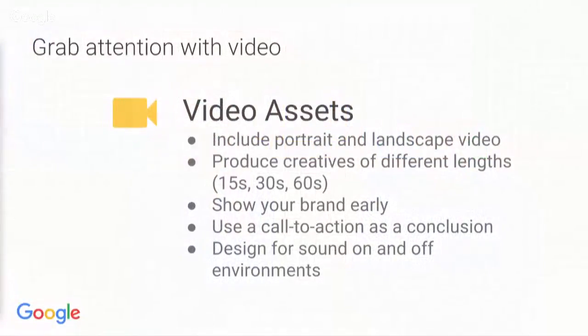Awesome. And then lastly, with video, there are a variety of assets that we recommend having. And one of the key things to call out here is to really include both portrait and landscape video. Because again, we're running across different types of video inventory. Having a mix and a diverse set of videos is really important. So for YouTube, we're all familiar with the 16:9 ratio landscape video. But let's say we're serving on AdMob inventory, for example.